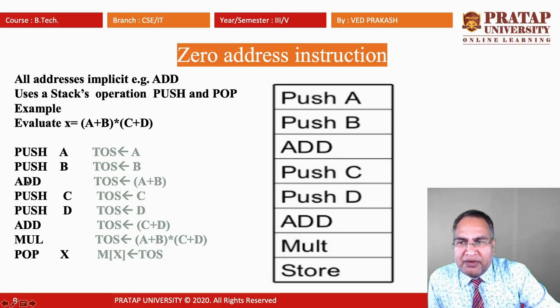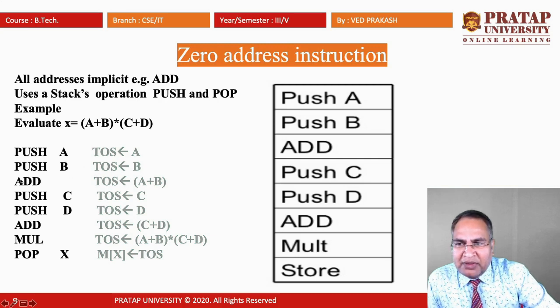To perform it, first we push A. Using this instruction push A, the TOS, which denotes the top of the stack, holds the value of A, and again when we perform the push B operation, then TOS increases and denotes the element B.